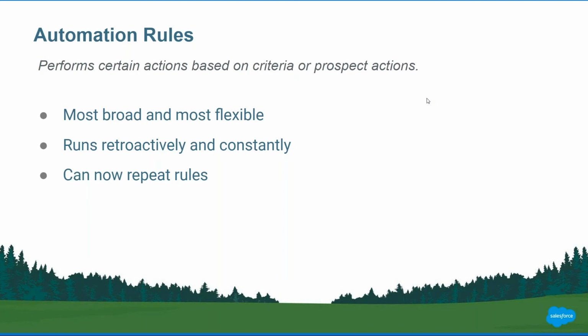That was the previous iteration, but now there's a repeating rule functionality: if you tick this option, you can be eligible to have the actions applied to you once again. You just have to list the number of days before you're eligible to qualify for this rule.